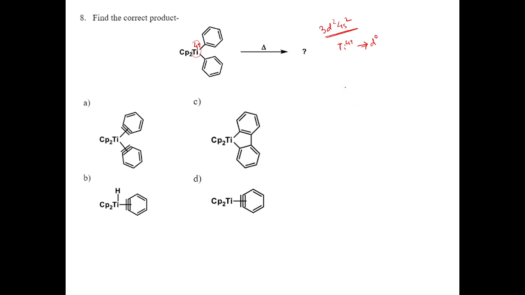Now when you give the heat, so this is the alpha, this is the beta, right? Right. So you can say that there are two chances, right?